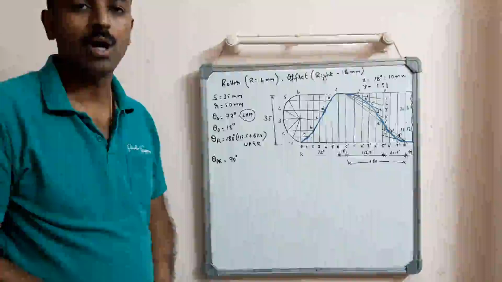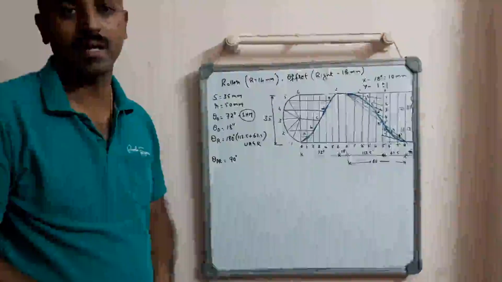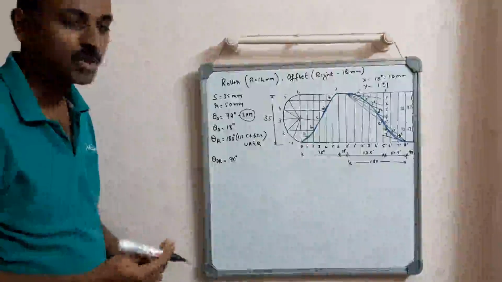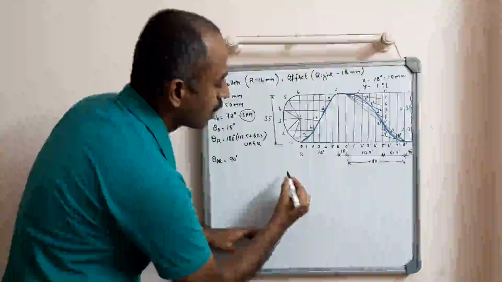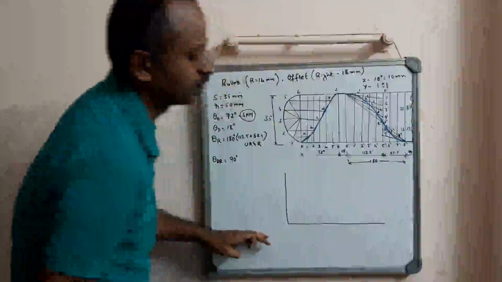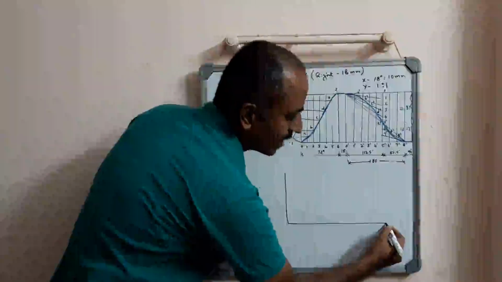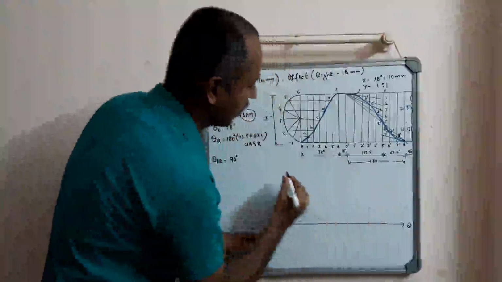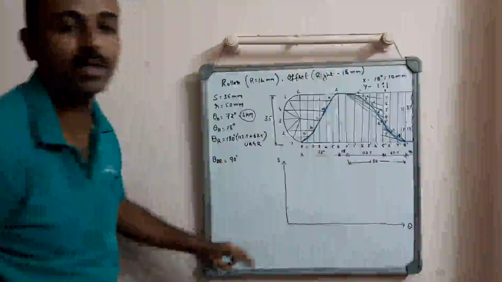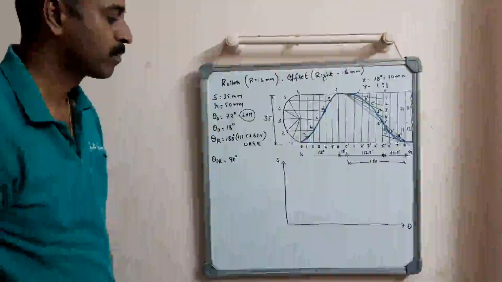Now we will see how to draw the displacement diagram from the given data. As usual, draw two perpendicular lines with the horizontal axis representing the cam angle theta and the vertical axis representing the displacement of the follower.